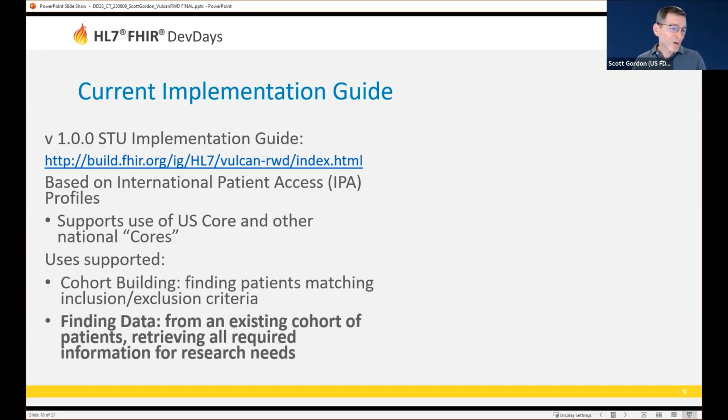And then a separate but connected, you can use either of these independently, the real nexus of this implementation guide, actually finding the data. So you're coming in with a cohort of patients pulled from an EHR or multiple EHRs, and then having the support to retrieve all the required information that will support research needs for the particular research question in play.